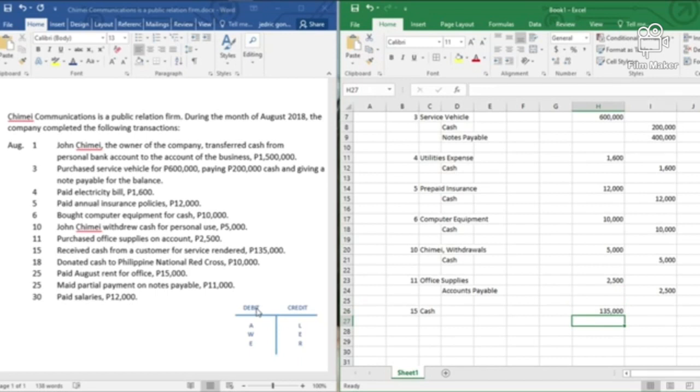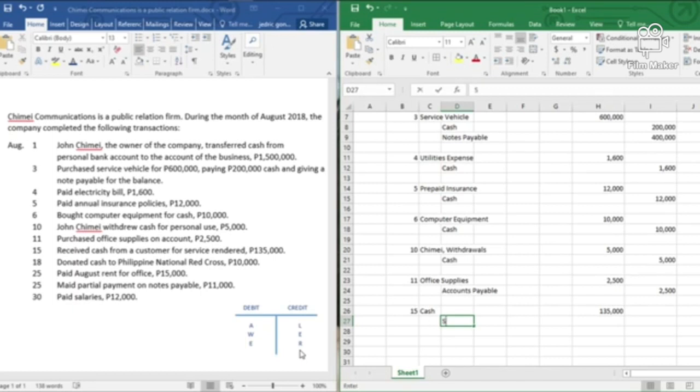Okay. Then, bakit nakatanggap ng 135,000 cash yung company? Kasi nagtrabaho siya. So, kapag nagtrabaho ka, that is service revenue. Okay, so service revenue is under credit. Kapag nadadagdagan daw si service revenue, i-credit mo daw siya. Ayan.